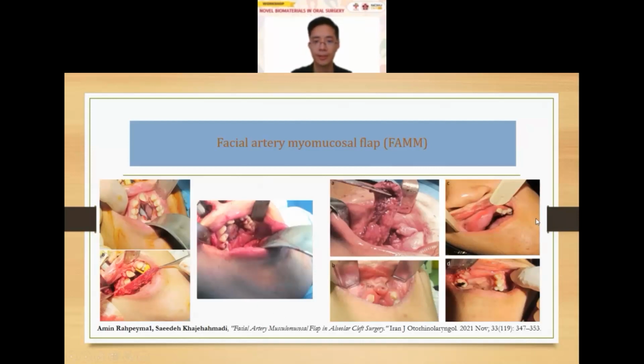There are many illustrations about FAMM.